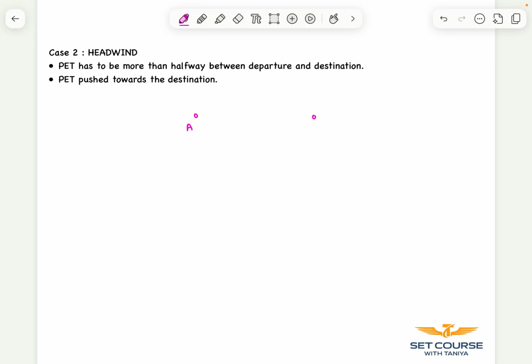Our two airfields being A and B, separated by a distance of 300 nautical miles. Our home speed as well as the on speed being equal to, say, 500 knots. And we have a headwind of 50 knots.